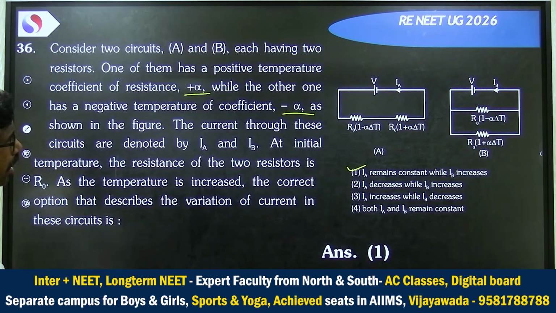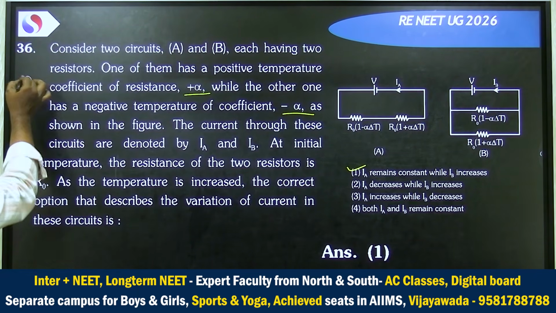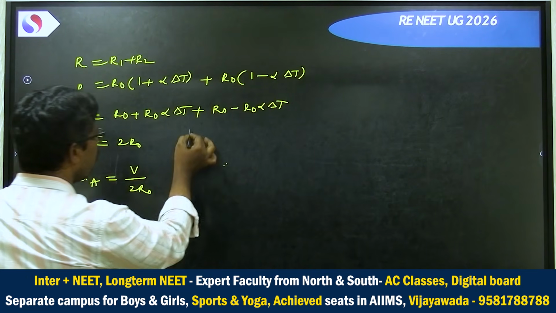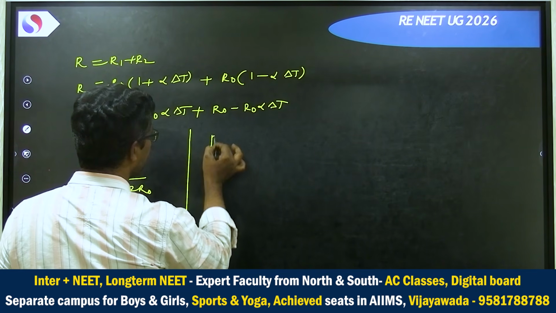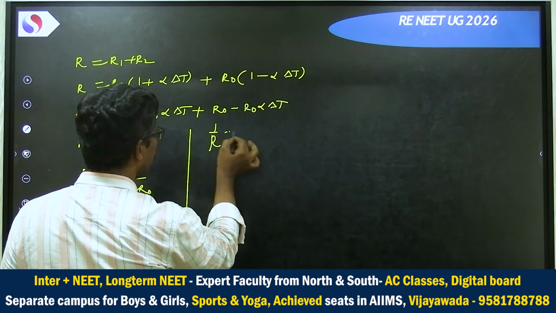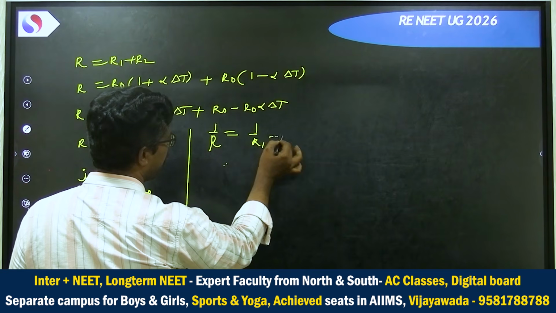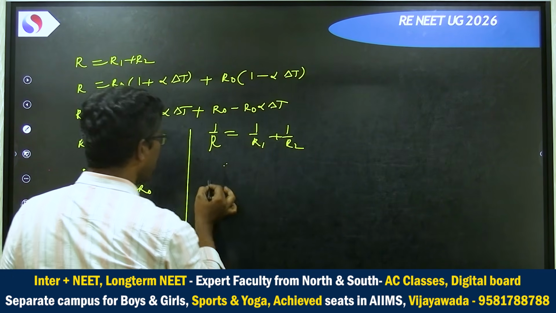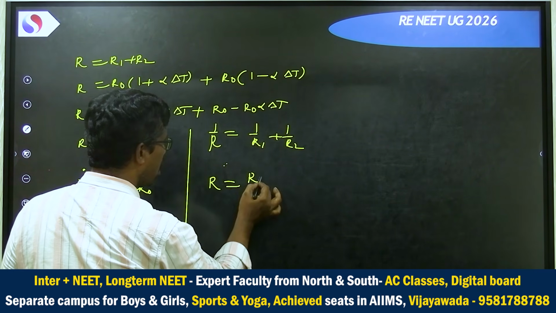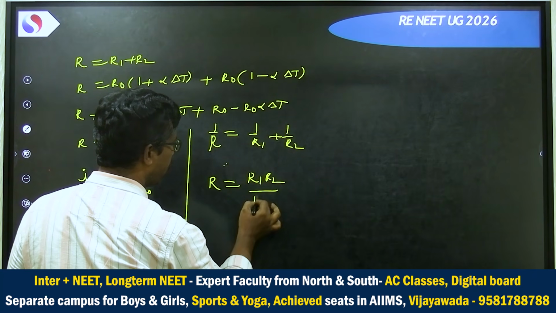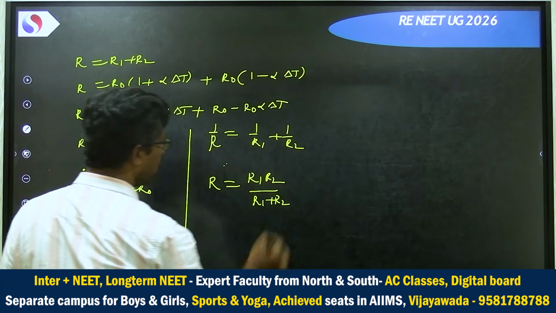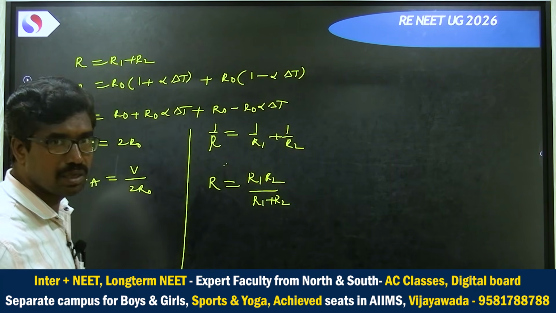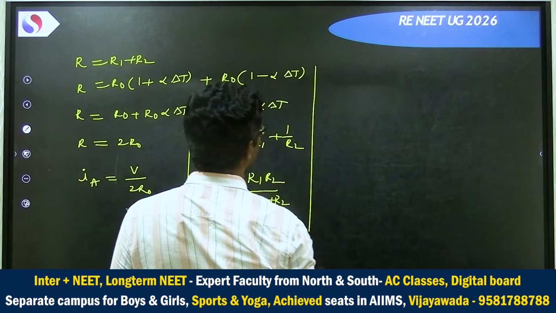Here these two are in parallel. Our relation is 1 by R is equal to 1 by R1 plus 1 by R2, so R is equal to R1 R2 by R1 plus R2. Here we have to substitute these values.